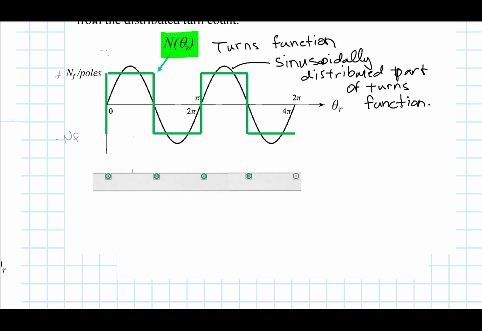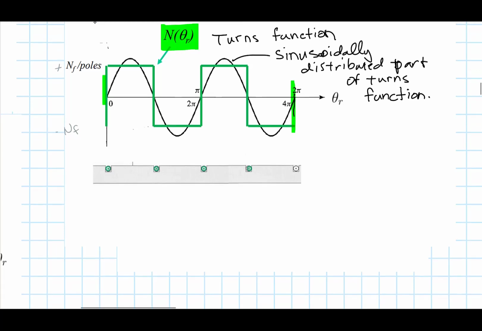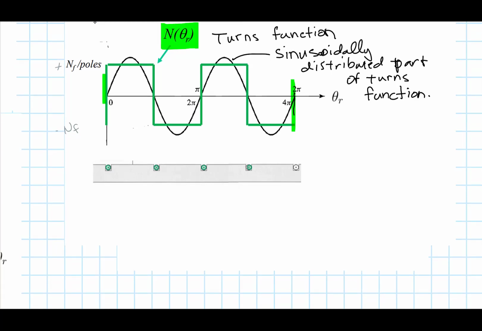And when I say frequency, I mean a period. And we have two periods occurring in this frame from 0 to 2 pi because we have what's called a 4-pole machine. And because of that, we can come up with a turns function that is varying twice per rotation.